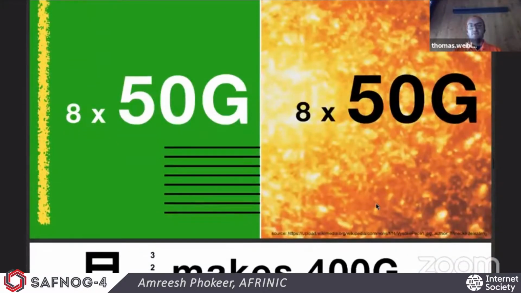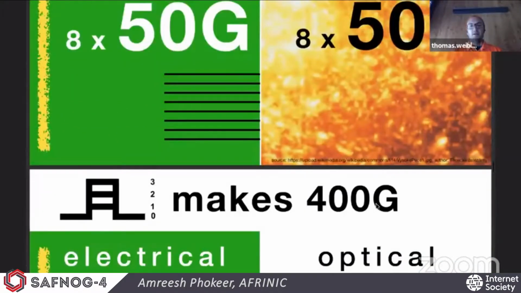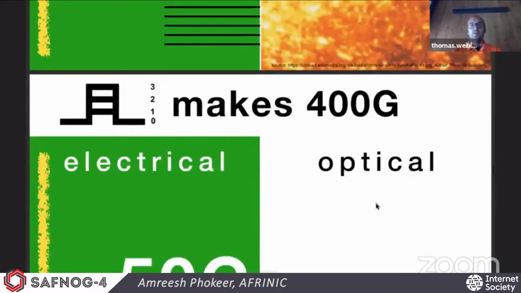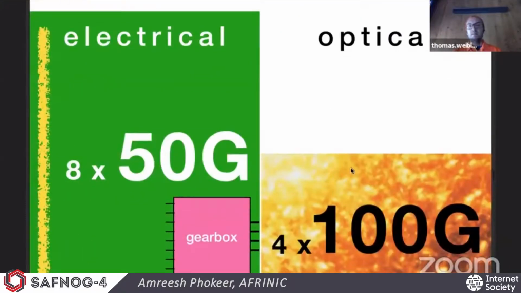With further developments, there will be some new components introduced in a transceiver. It's called a gearbox. Still on the electrical side, we see 8 times 50 gigabit.